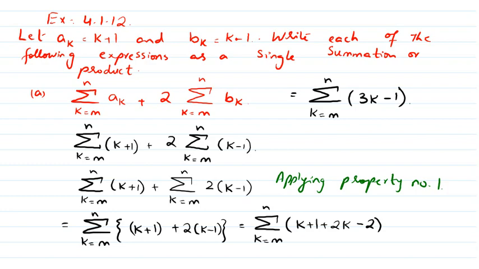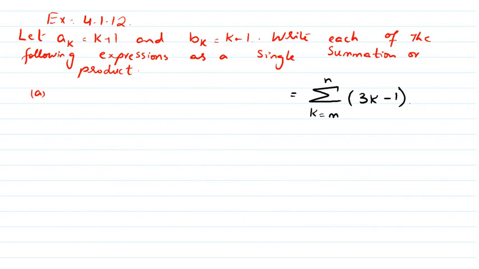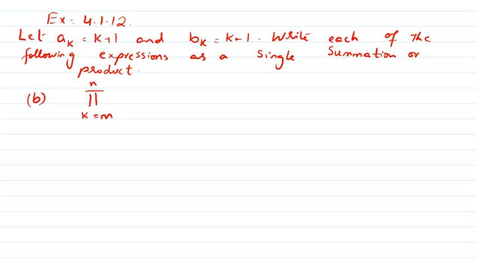Okay, if I may say that instead of this summation, let me first erase it. What will be the result of pi k equals M till N AK times pi k from M till N BK, right?